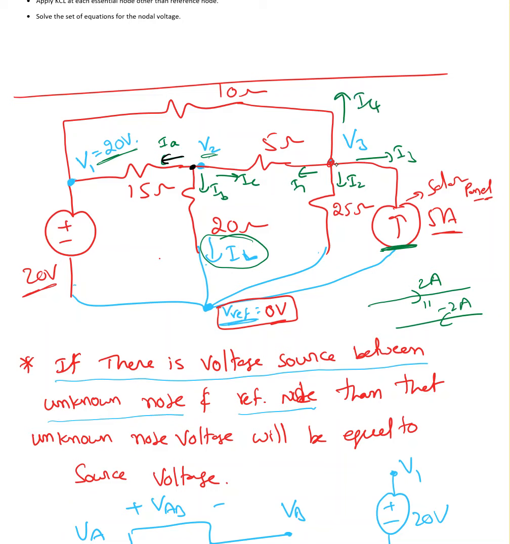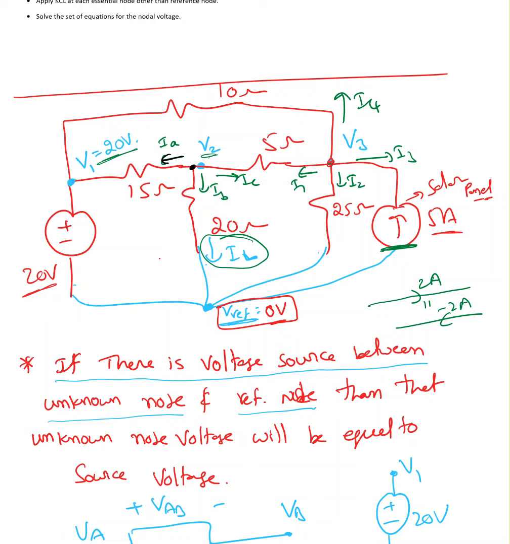Okay, so what is I1? I1 is nothing but (V3 minus V2) over 5, and I2 equal to (V3 minus 0) over 25. I4 equal to (V3 minus V1) over 20.